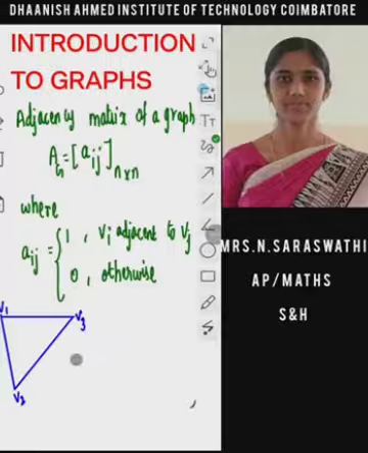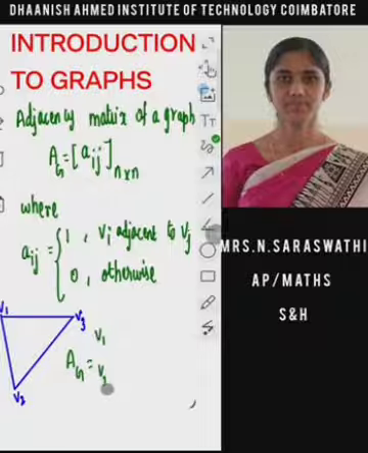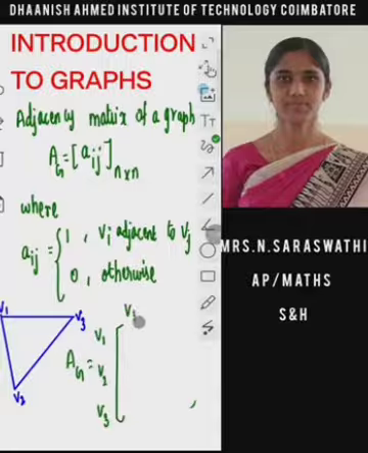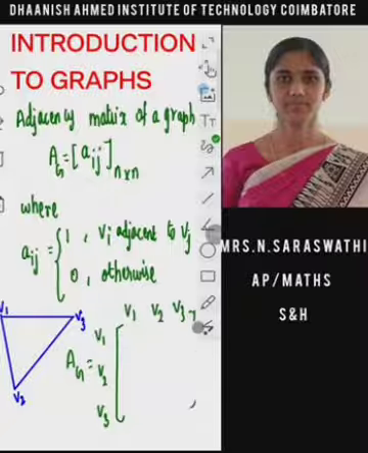Now we can write AG equal to, here there are 3 vertices, so we have to write V1, V2, V3 inside and up also. Before constructing the matrix, it will be easy for us to write the elements.